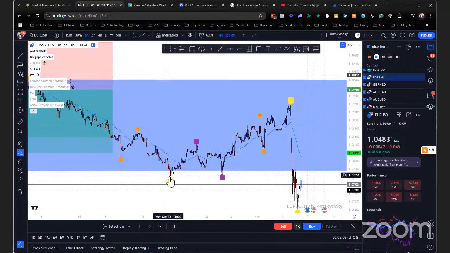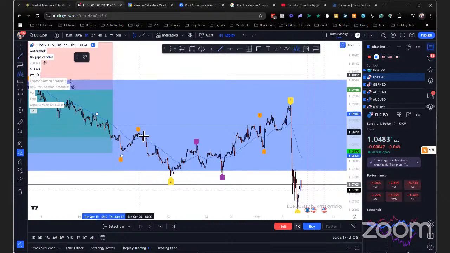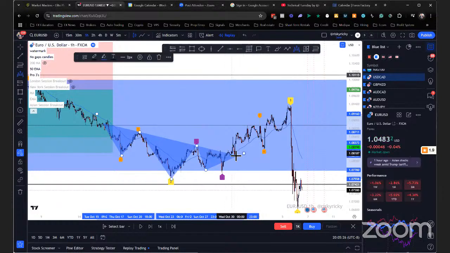What is the market telling us? And where do we see price reverse? So this is giving me an inverted head and shoulders here. Head, right shoulder like that. So the breakout happened somewhere around here.